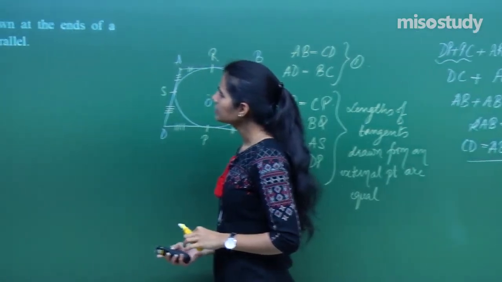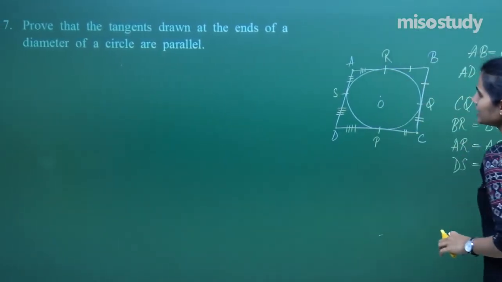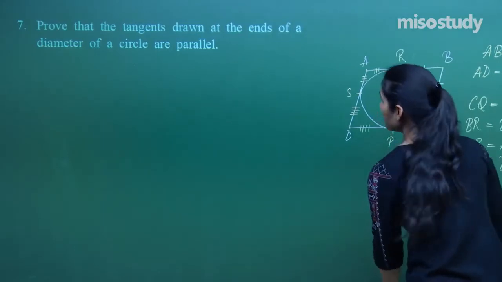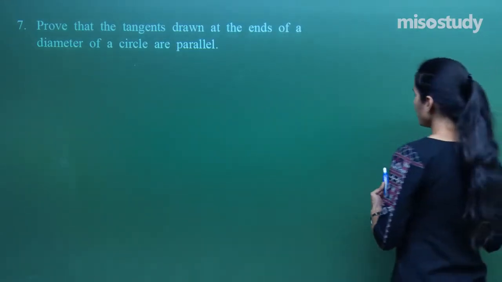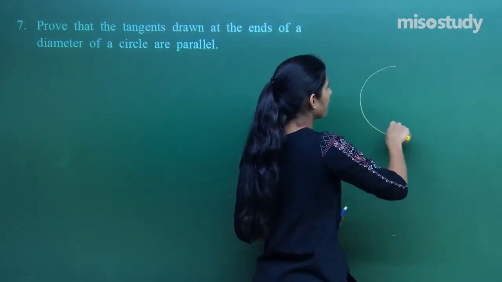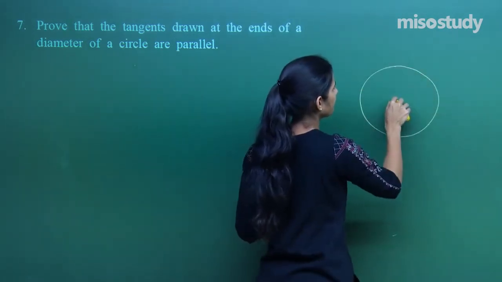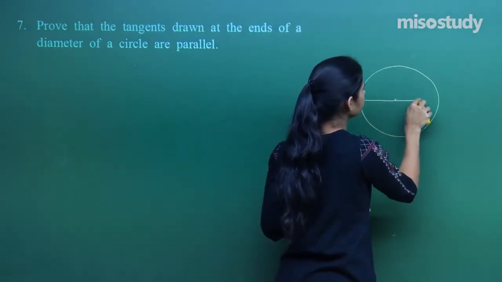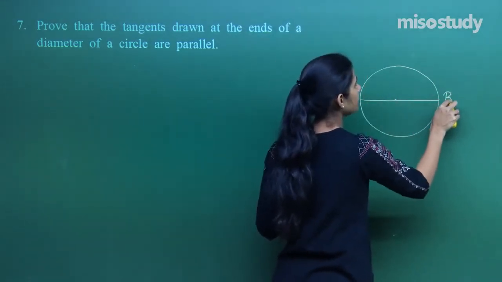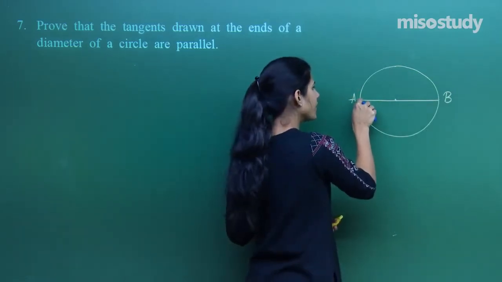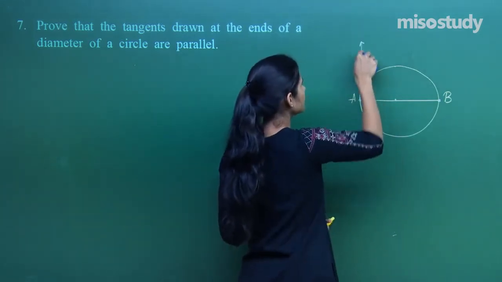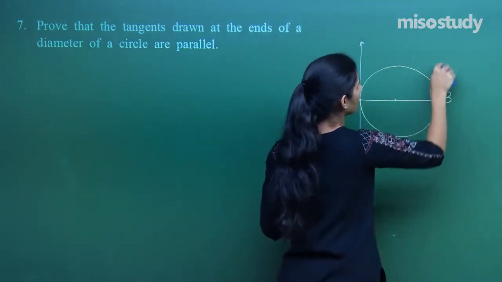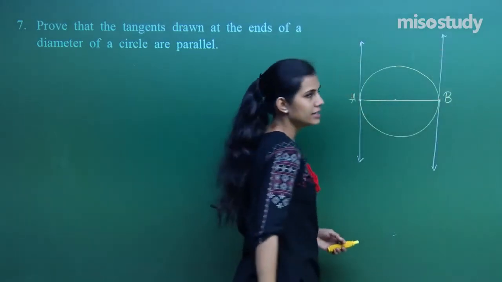Next question says, prove that the tangents drawn at the ends of a diameter of a circle are actually parallel to each other. Let's prove this. Pretty interesting statement. It says that if you have a circle and you take a diameter, so this is A, this is B, then with A as the point of tangency and B as the point of tangency, if you draw 2 tangents to this circle, then they will be parallel.